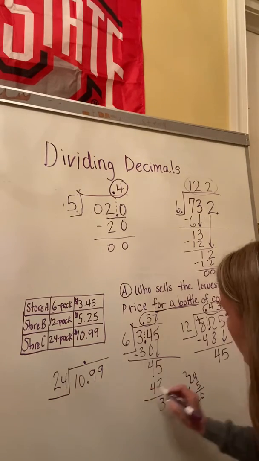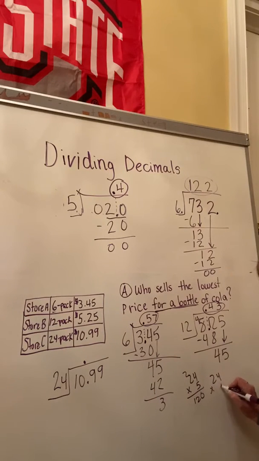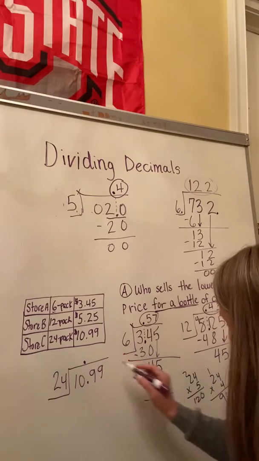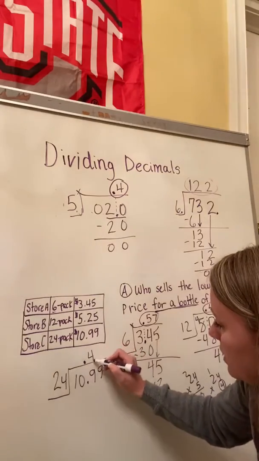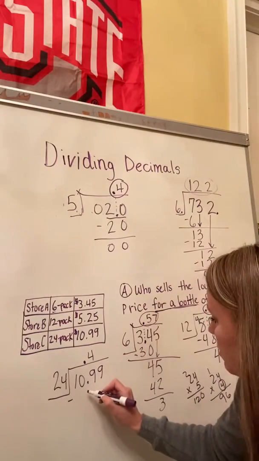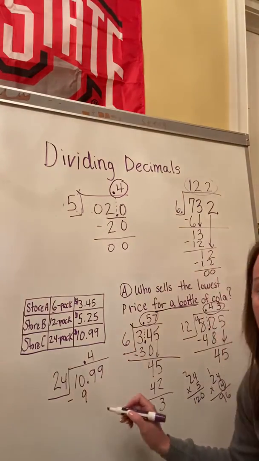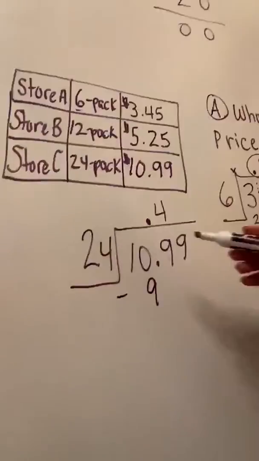Nope, that's too much. So it'll be 24 times 4, 16. 4 times 2 is 8 plus 1 is 9. So that would be 4 times that. It goes into 109. Then you would subtract 96. Now, I want you to pay close attention here because this causes some of us issues sometimes.